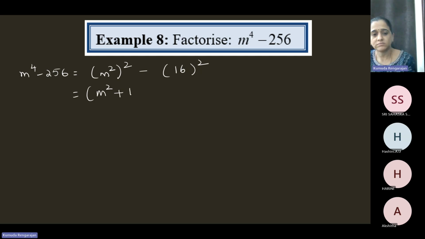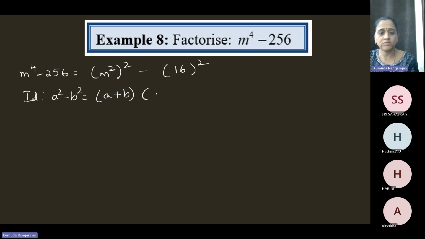You should write the identity: a squared minus b squared is equal to a plus b into a minus b, where a is m squared and b is 16. I told you, don't see the square. This is a, this is b.